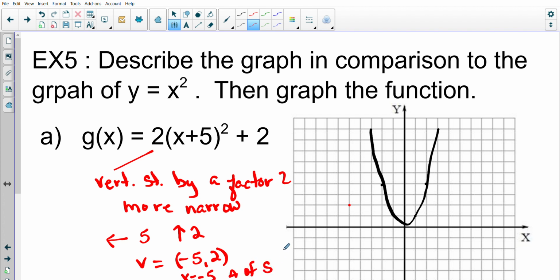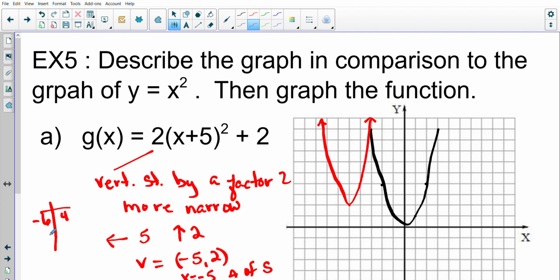And it's not reflected because a is a positive number. So our graph looks something like this. How did I know? Well, I've done this enough times. But if you look at Desmos and start putting numbers in, if we make a chart over here, then when x is negative 6, y is 4.